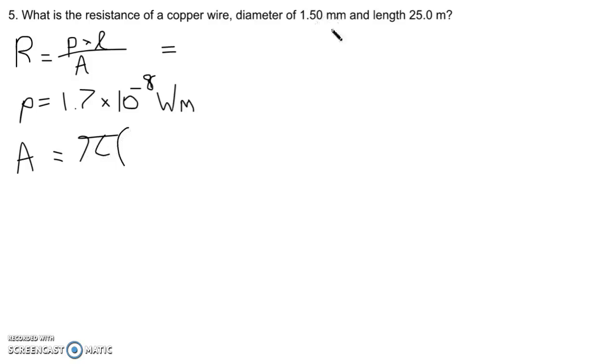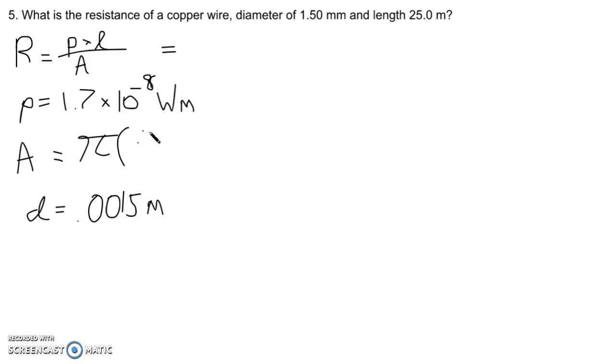Now the diameter is 1.5 millimeters. First, we have to convert this to meters, right? Because we're dealing with standard units, SI units rather. So this is the diameter in your SI units.